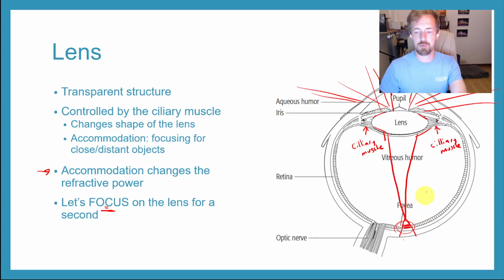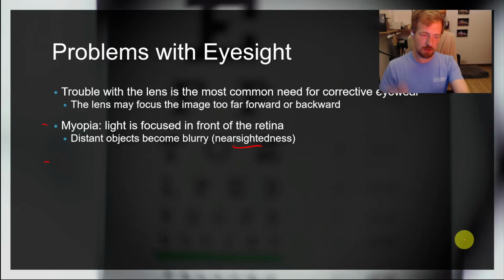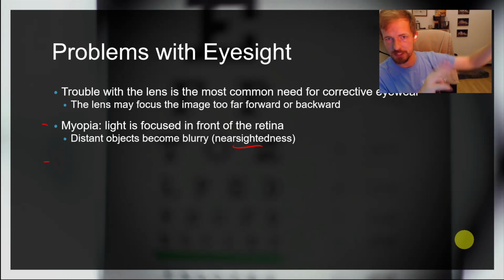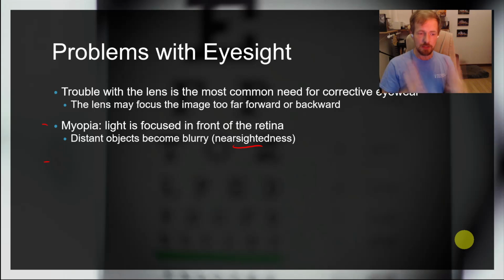Just to back up, that's what we see right here, that light is focusing to a point before it gets to the retina. That's going to lead to myopia, which means that whenever you're reading something, as long as it's close to you, it's okay. It's just that the distant stuff is the stuff that you have a hard time seeing. This is probably the most common, and it is usually the one that as you get older, you're more likely to get.